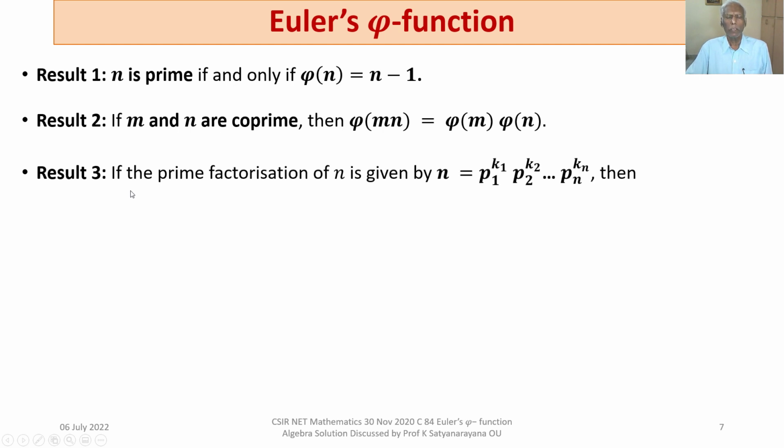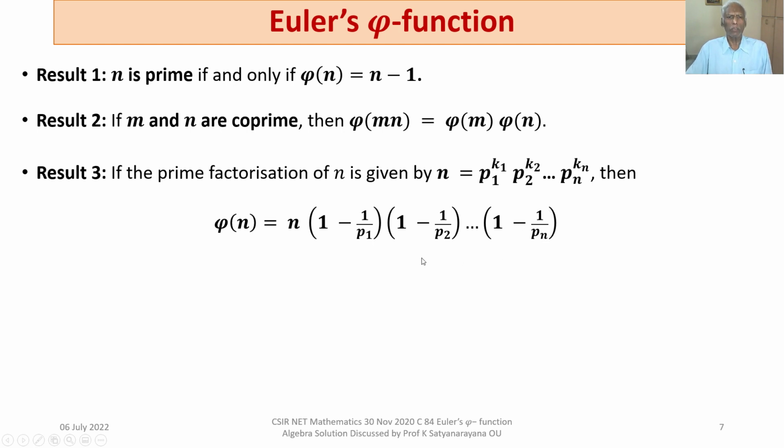Result 3, if the prime factorization of n is given by n equals p1 to the power of k1 into p2 to the power of k2, etc., pn to the power of kn, where p1, p2, ..., pn are distinct prime numbers, then phi of n is equal to n multiplied by 1 minus 1 by p1, multiplied by 1 minus 1 by p2, etc., multiplied by 1 minus 1 by pn.